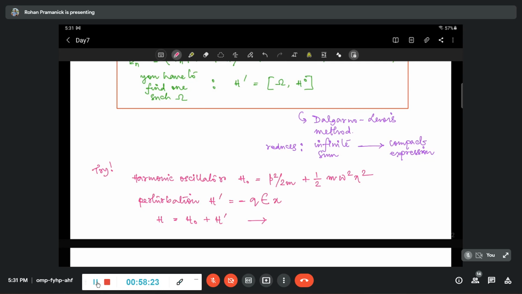So let's say your energy eigenvalues are 1, 2, 4, 10. So let's make some non-trivial values. And the constant part will always add the same amount to every one of them, right? So that constant part will be added to every one of them.